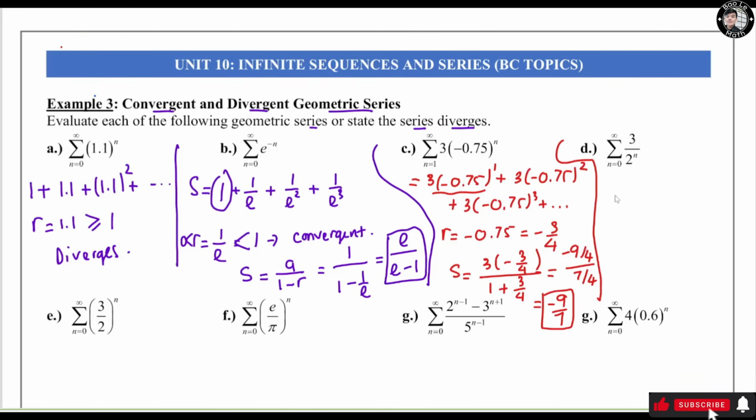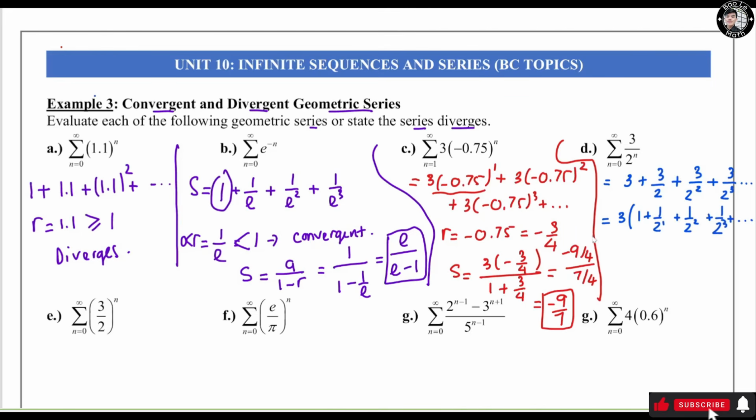Now question D. Let's populate this one. So if n equals 0, we have 3. n equals 1, we have 3 over 2. n equals 2, you have 3 over 2 squared. n equals 3, you have 3 over 2 cubed, etc. Now you're going to factor 3 out, so it could be 3 times 1 plus 1 over 2 to the power of 1 plus 1 over 2 squared plus 1 over 2 cubed.